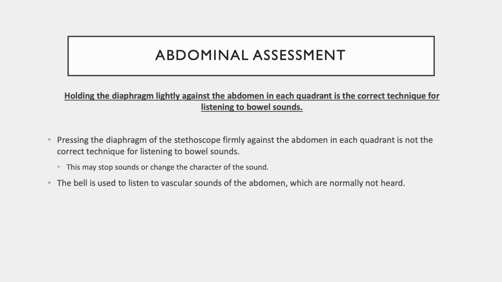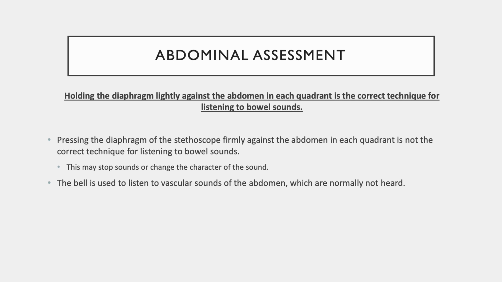All right, when we're dealing with abdominal assessments, we need to make sure that we're holding the diaphragm lightly. Can't press it down too hard, right? Make sure that you hit it for each abdominal quadrant and make sure that you do the technique correctly. Pushing down too hard could change the tone of the sound, or it could just shut it off altogether.